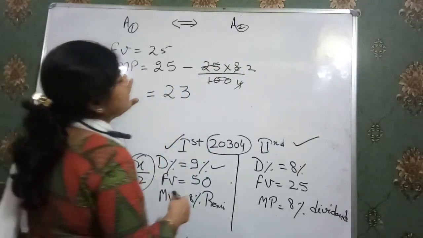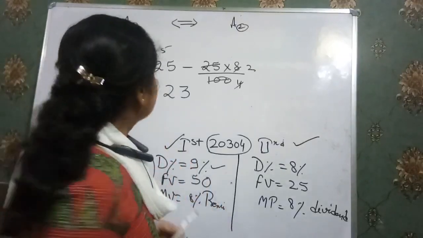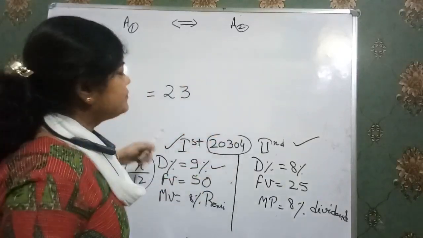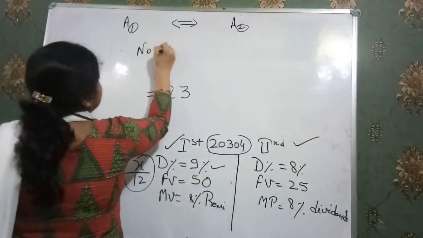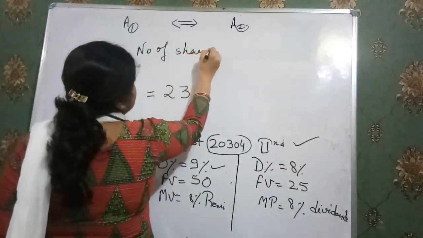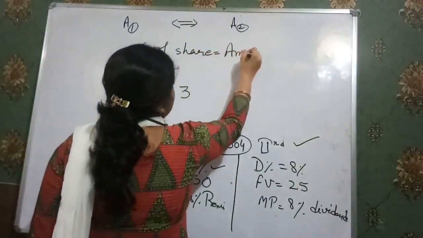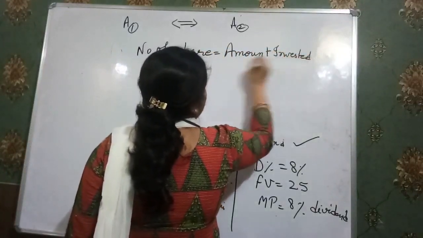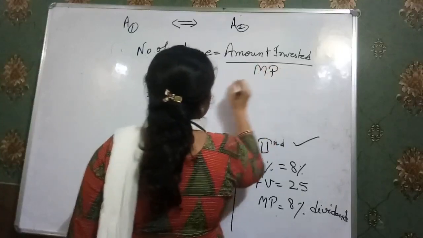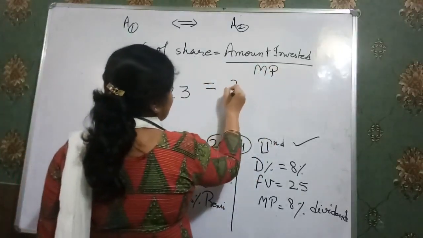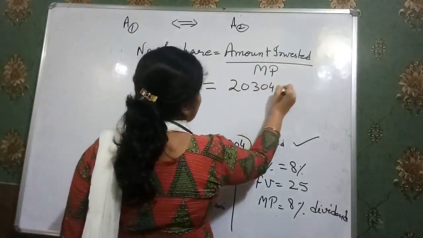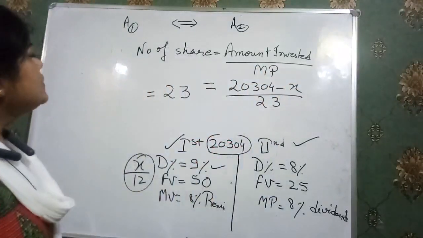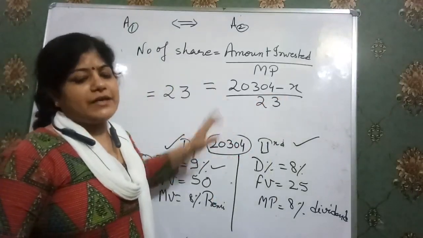Now the number of shares is equal to amount invested over market price. Here the amount invested is 20304 minus x, over 23. Clear? So this is the number of shares in the second case.